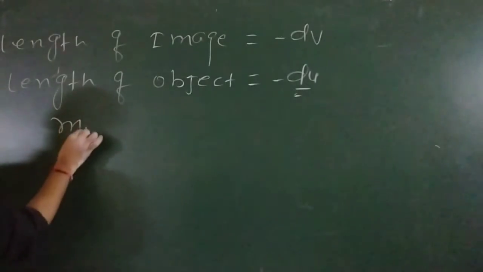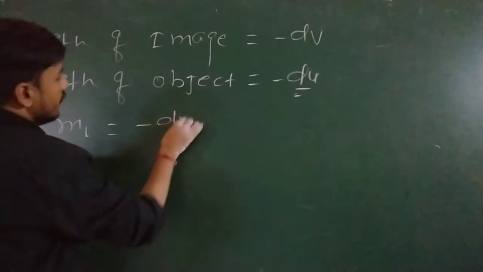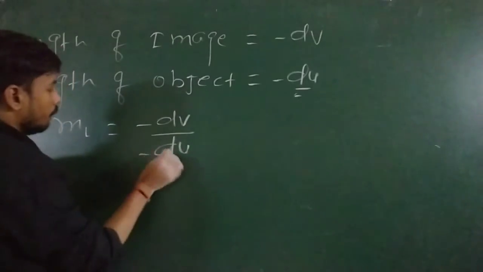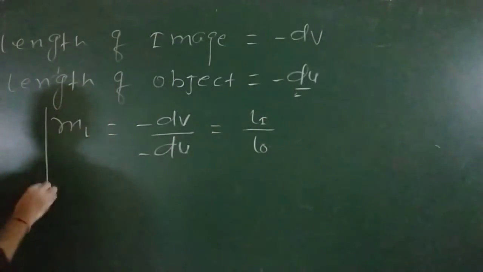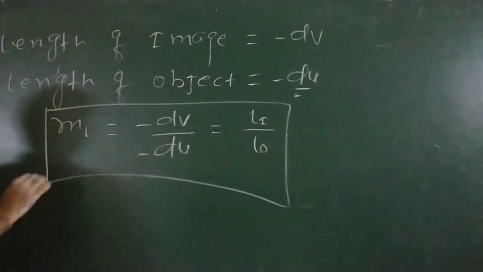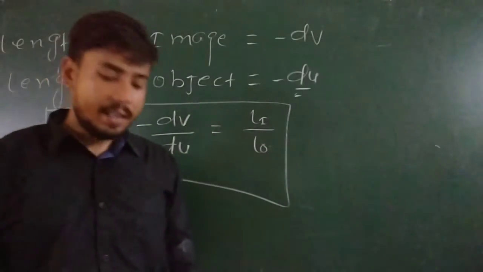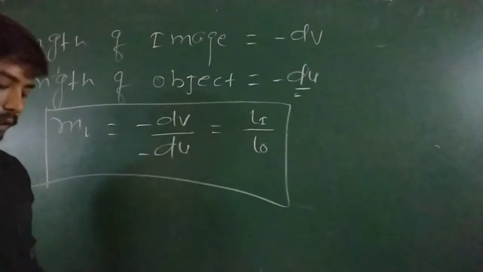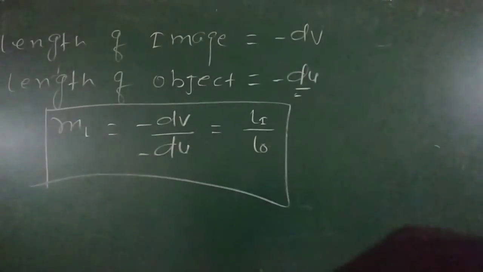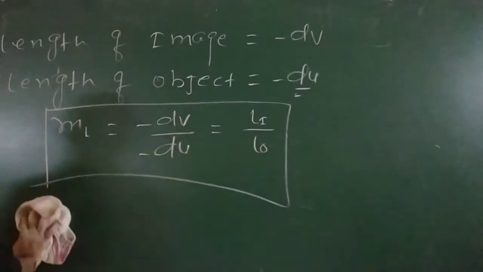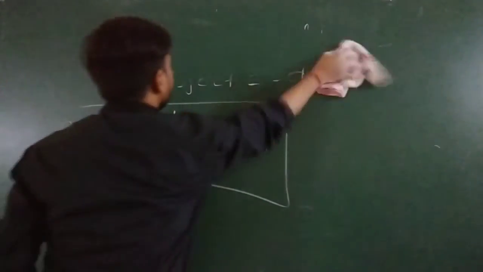So longitudinal magnification is equal to minus dv by du, length of image divided by length of object. Right? So this is the formula of longitudinal magnification, but this is a tedious formula. We cannot use it rigorously everywhere, so we are going to find the simple formula of longitudinal magnification.